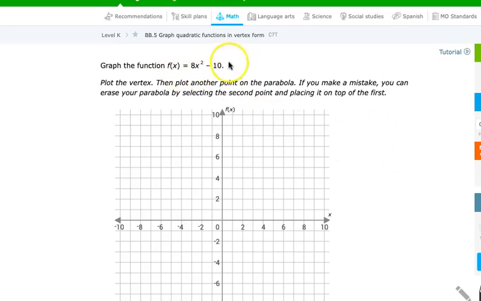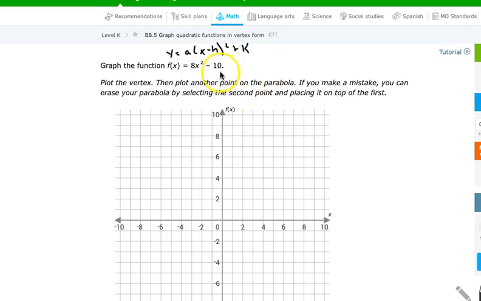So thinking about that, remember that that would be like saying y equals, right? And I'm looking for the h and the k. So y equals a times (x minus h) squared plus k.